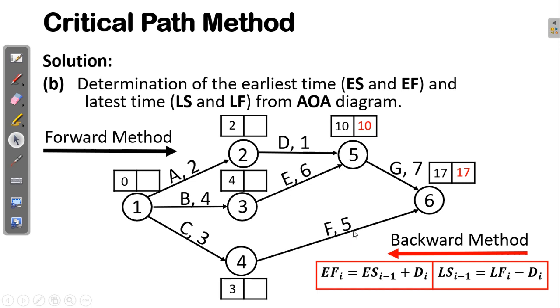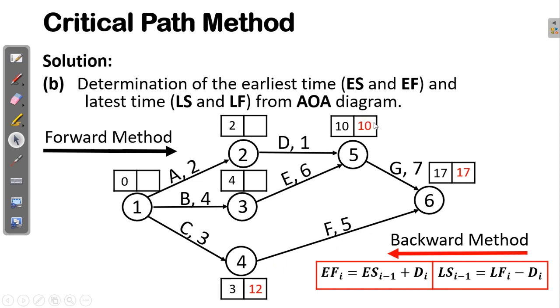The late start time of activity F is the late finish time of this activity at this node minus duration. So at node 4 we are going to have 12 as the late start time for this activity.